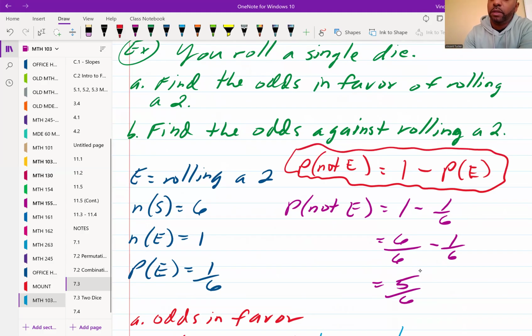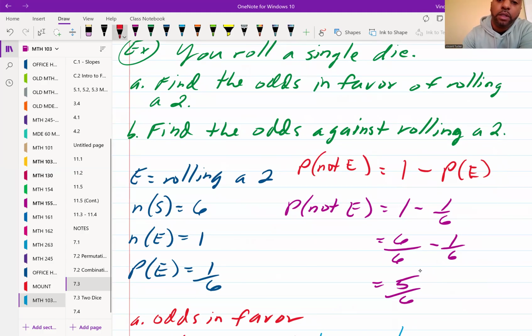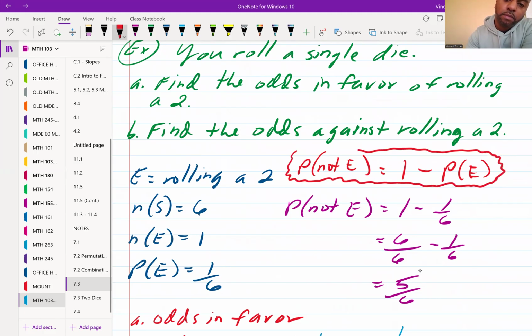So 1 minus 1 over 6. That 1 turns into 6 over 6, whatever that denominator is, you take it over itself. So it's 6 over 6, minus 1 over 6, which is 5 over 6. That's called a complement.